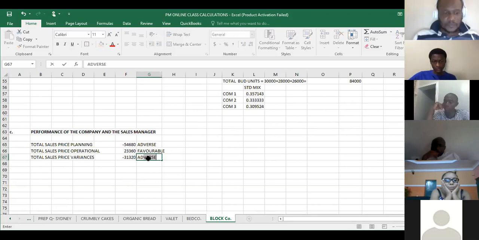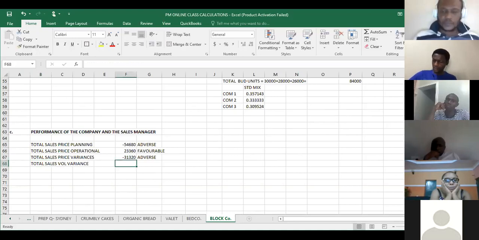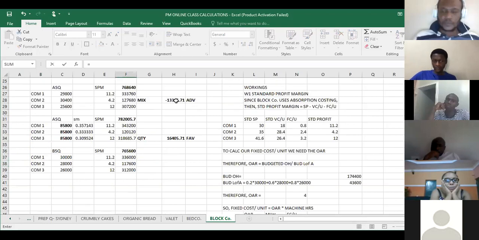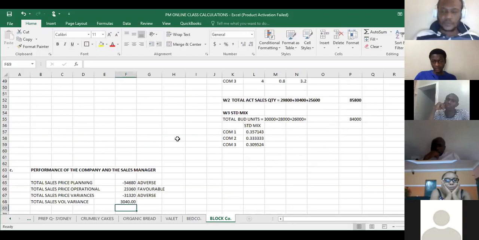And then finally, our total sales volume variance is equal to those two figures added together. So that is favorable. All right, so we can use this to discuss now.